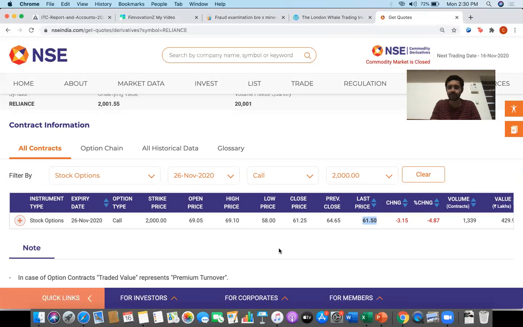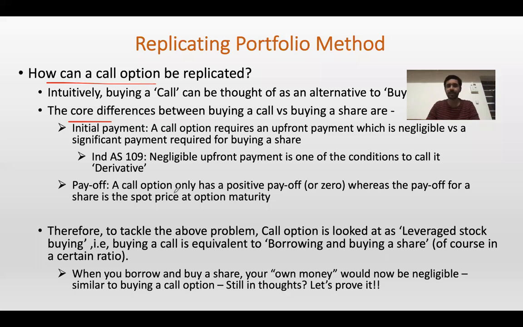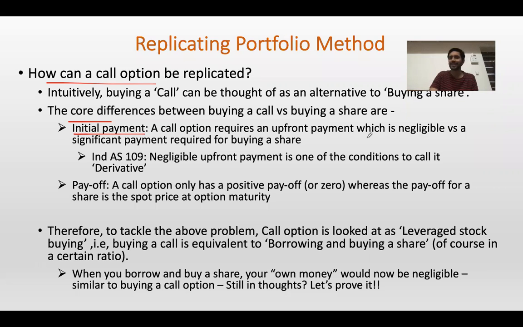No, not even 5. It's about 2.5% maybe. Okay, whatever. What I was trying to say was, the initial investment that is required for buying an option is very, very small or negligible compared to the investment that is required to buy a share. Okay, and that is the first difference. The initial payment for a call option, which requires an upfront payment, is negligible versus a significant payment which is required for buying a share.